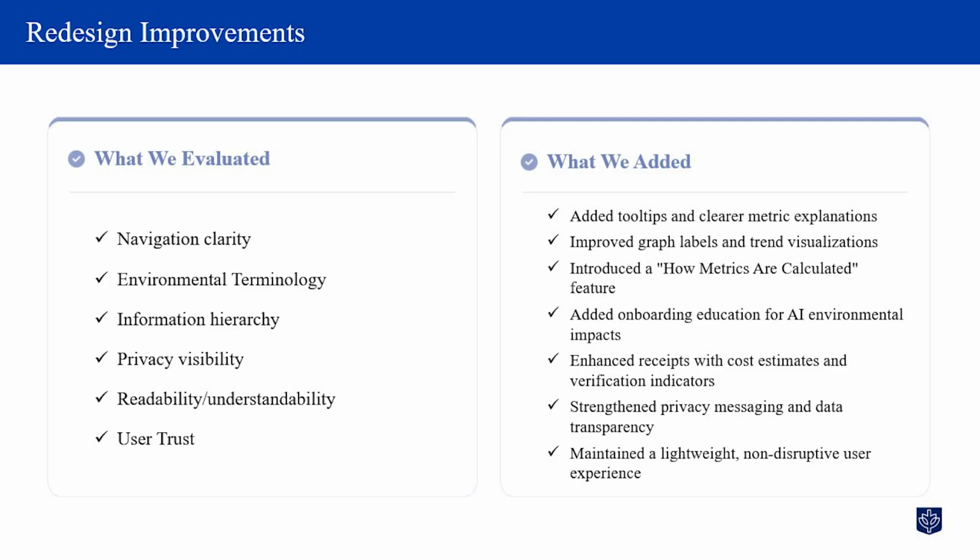We also updated the onboarding experience with a new educational section called How AI Usage Impacts Resources, which helps explain concepts such as energy usage, water consumption, and carbon emissions.